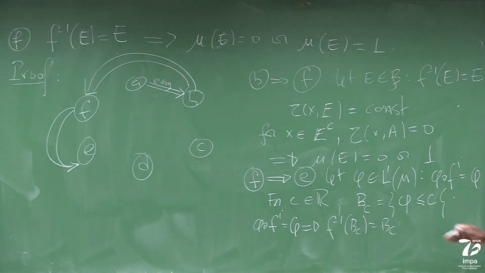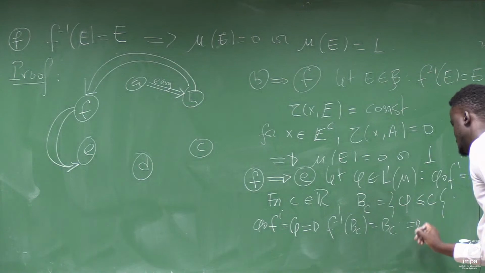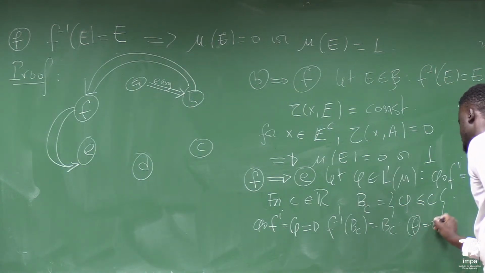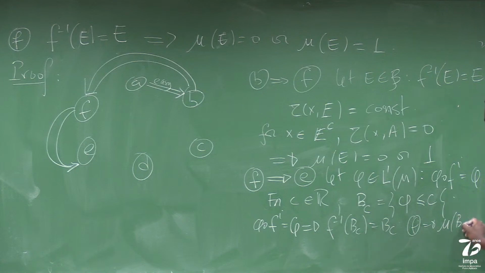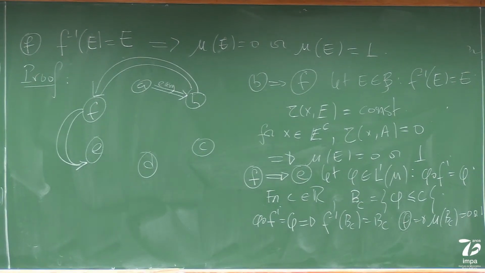And F tells me that mu of B_C is 0 or 1. So these sets have measure 0 or 1.